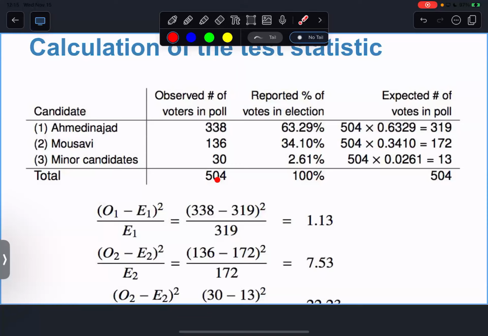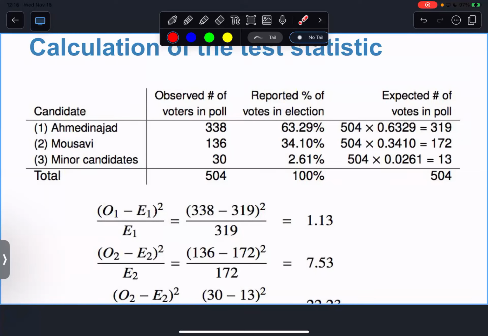And what we said was, okay, if I'm expecting 63.29% of 504, I can do the math and I can find that I'm expecting 319, but I saw 338, right? I'm expecting 172, but I saw 136.